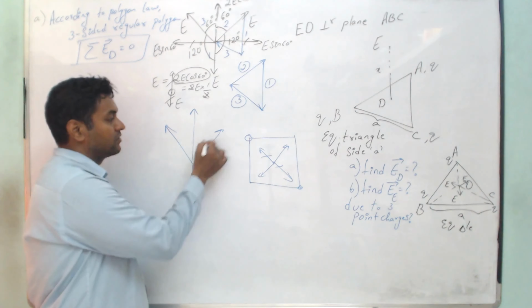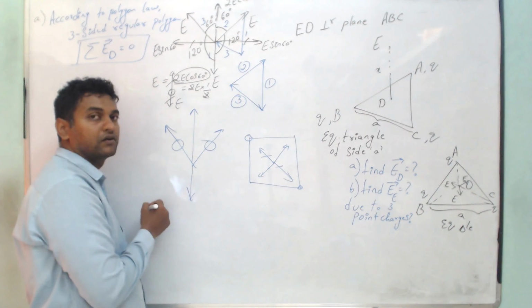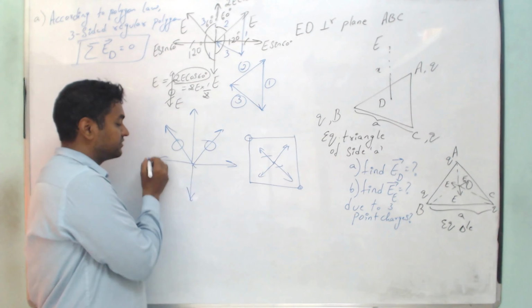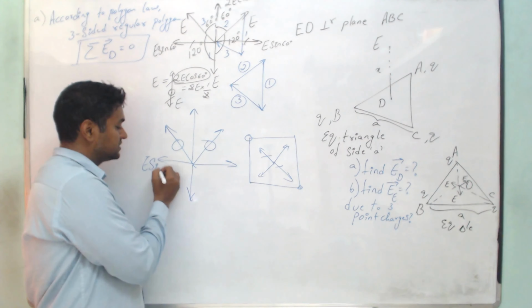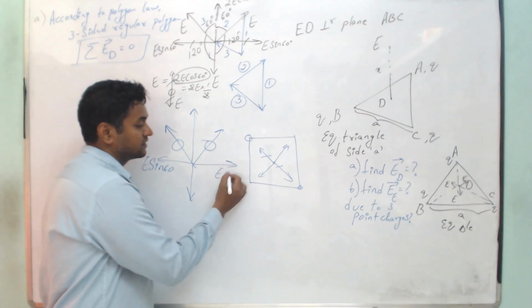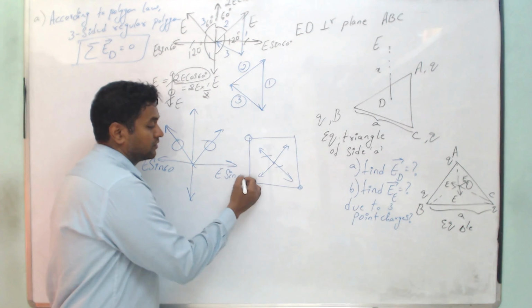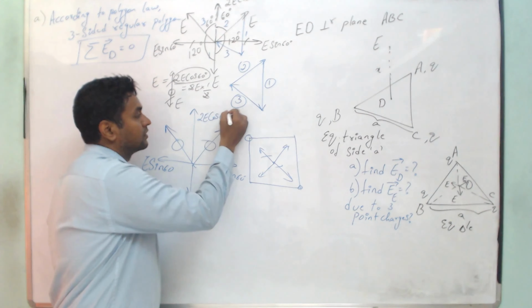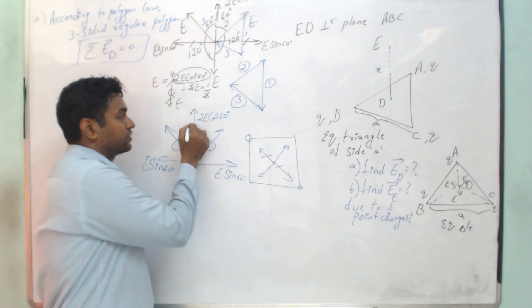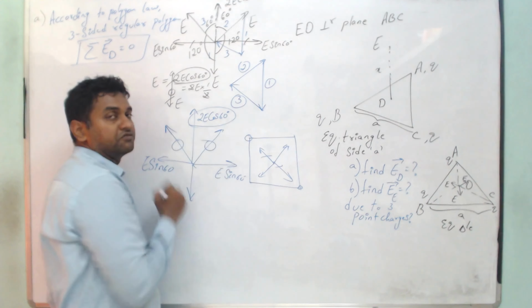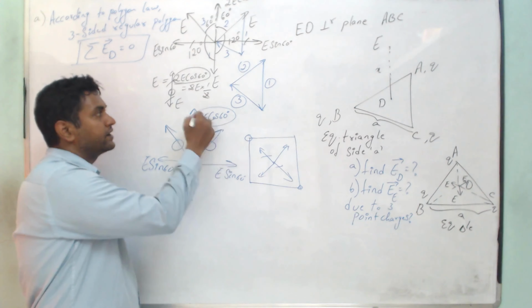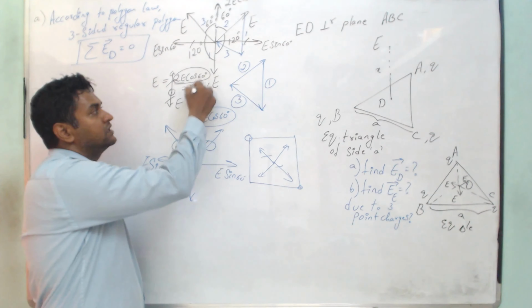Yes, you took components, but how will they cancel each other? The E sin theta cancelled. This is fine. E sin 60 cancelled E sin 60. But here I have 2E cos 60. Here 2E cos 60 is half value, so the 2 and half got cancelled. Only E is remaining.